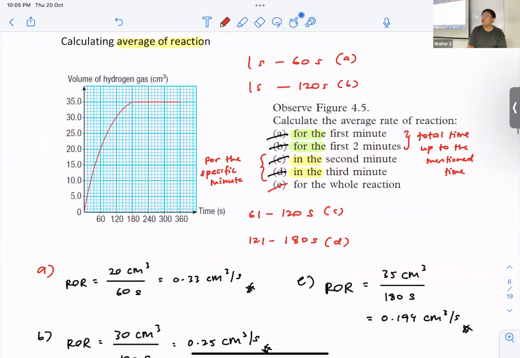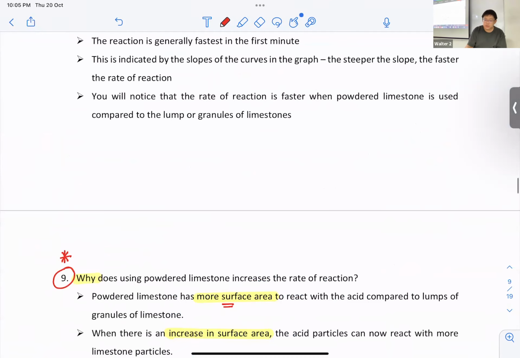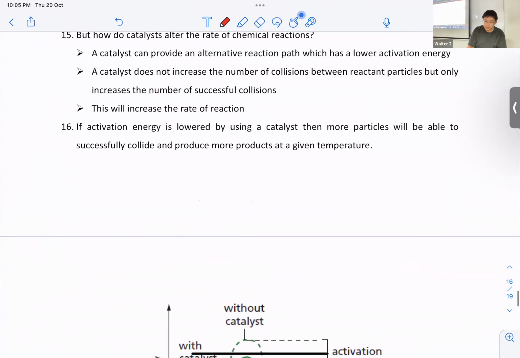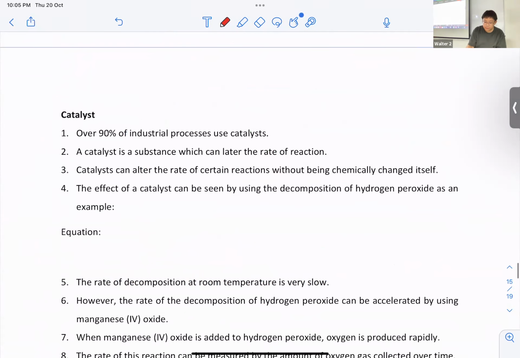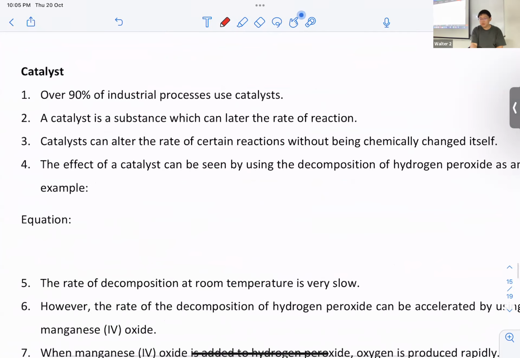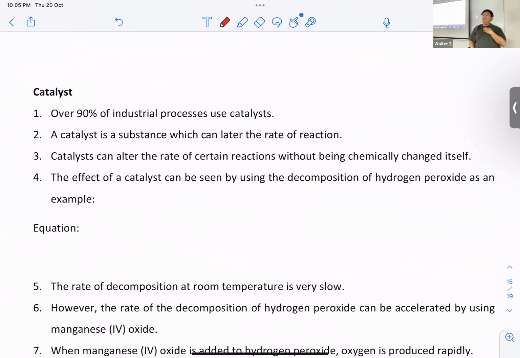So what happens if you don't achieve this minimum amount of energy? Then what happens? They don't form products, correct.